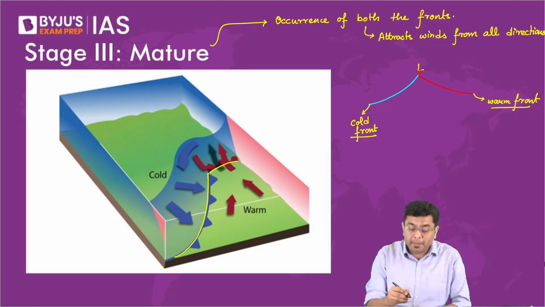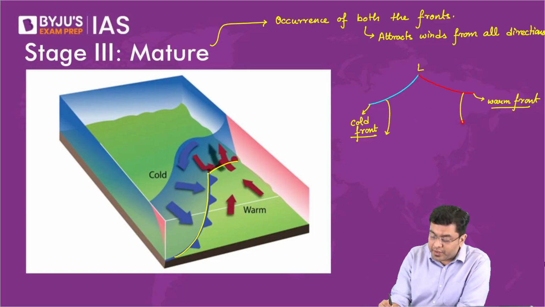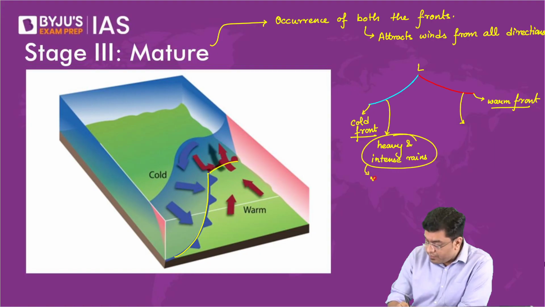But when we talk about the weather associated in this region and the weather associated in this region, so here you will have heavy and intense rainfall associated with a lot of thunder and lightning, very strong winds.